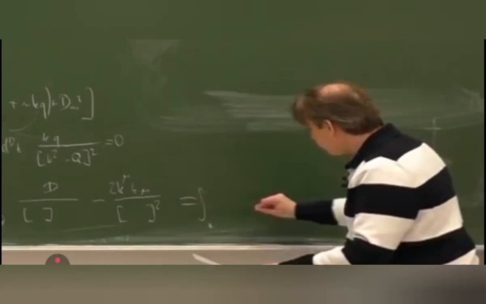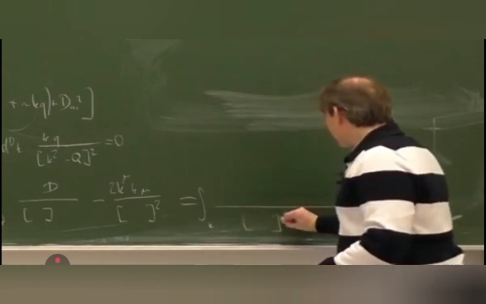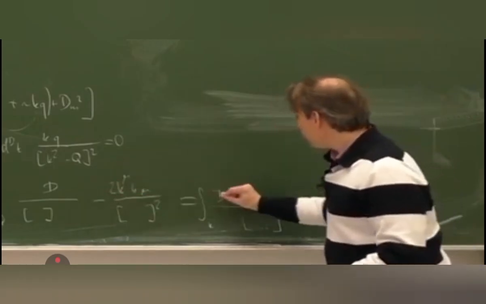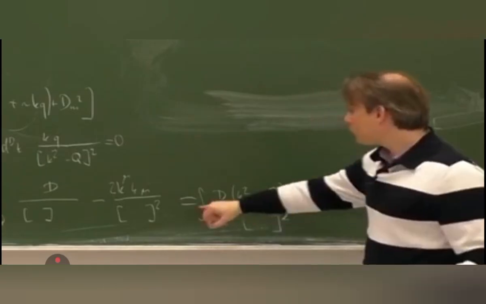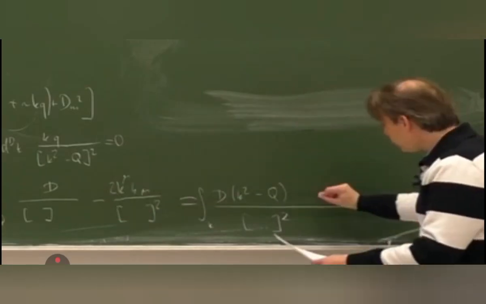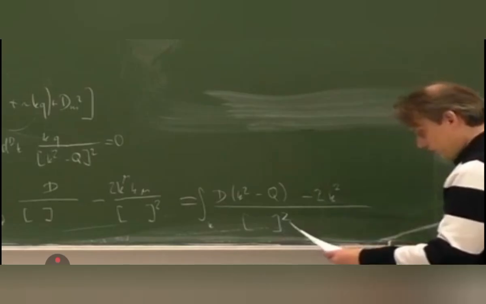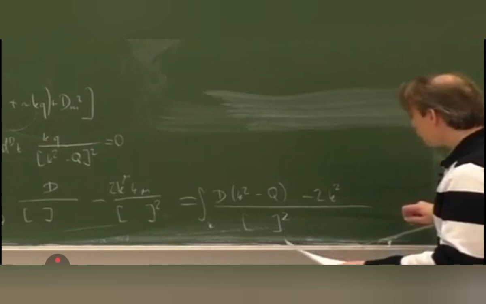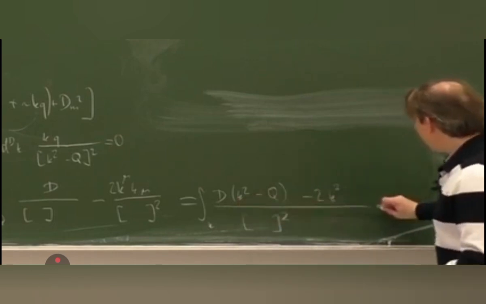Adapt it to our case, and as I said, I need to follow here very closely my notes. So let's bring it all to one structure with the denominator square, and then we can expand here d times k square minus q. So that is the same thing, minus 2k square. And then we have here another k square in the numerator, and we can write it as follows.